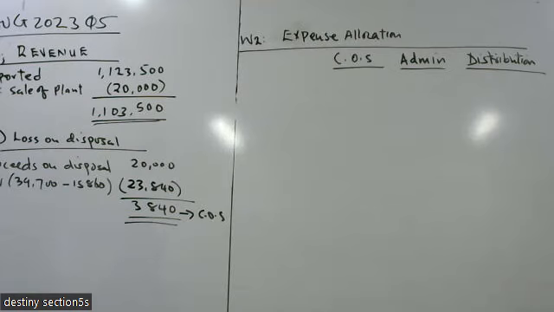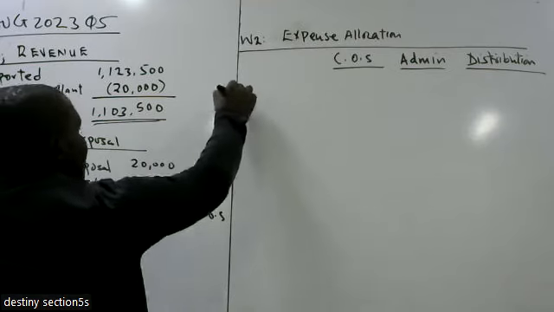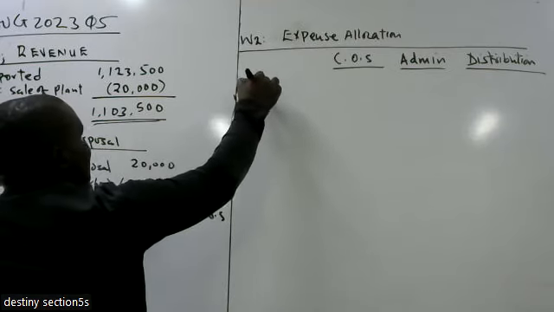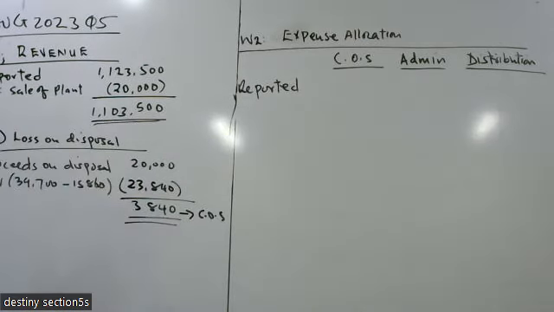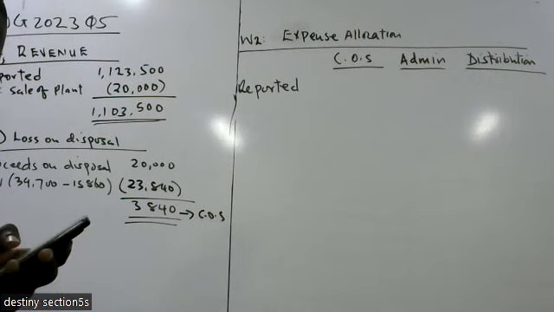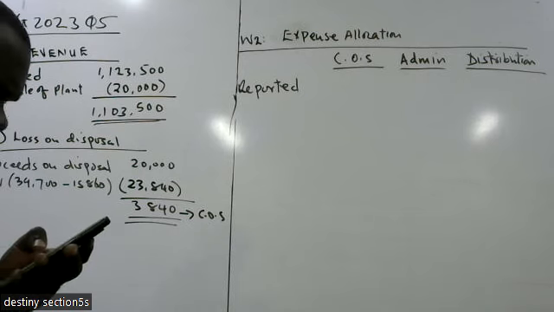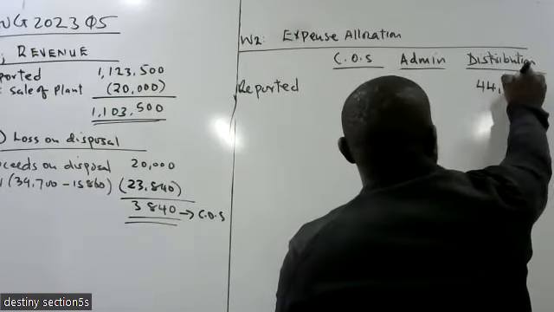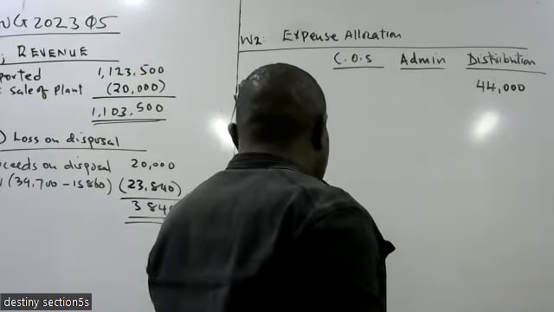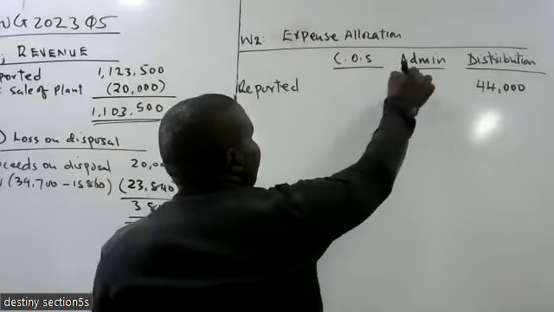So reported, you will say reported in the trial balance. I can see distribution and administrative. Distribution is 44,000, please check, while administrative is 93,500.